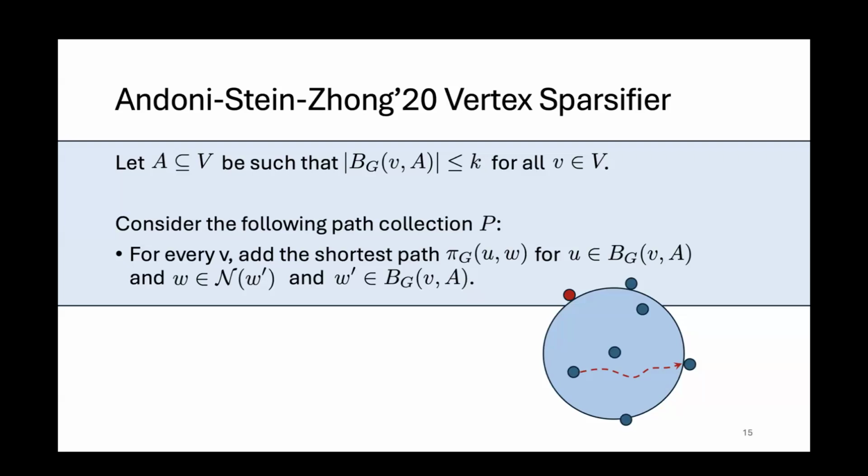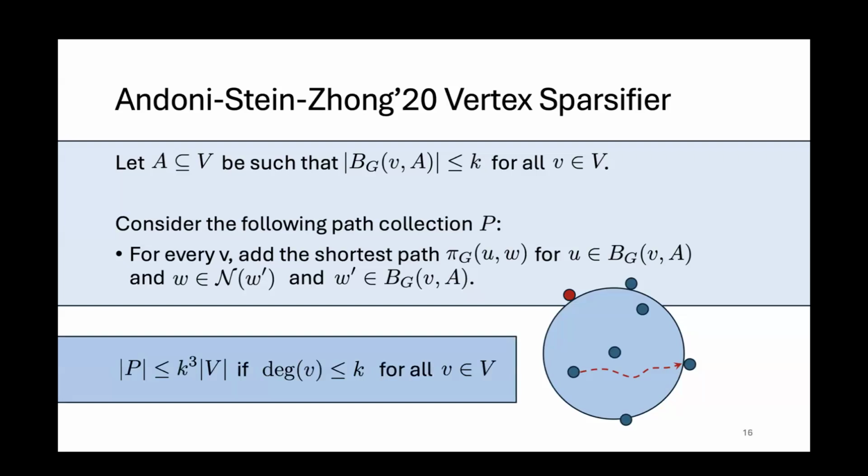So if w is just in the neighborhood of somebody that's inside the ball, that's also fine. Here at the bottom, I drew such a path from one vertex u to a vertex w that's in the neighborhood of the ball. So it's just outside.